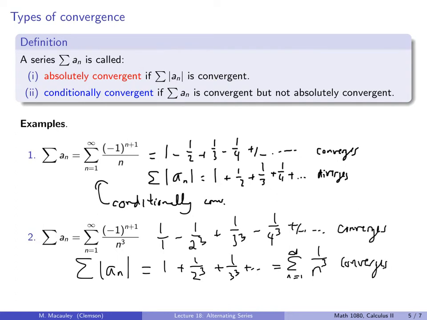It's a p-series with p equal to 3. So while the previous one was a conditionally convergent series, the fact that both of these converge tells me that this one here is absolutely convergent.